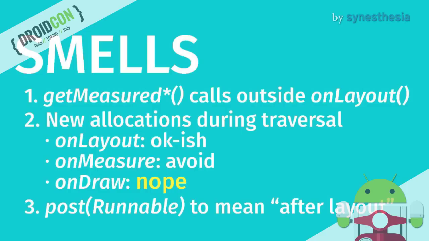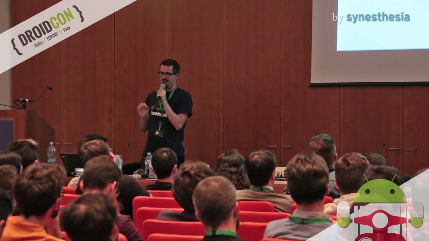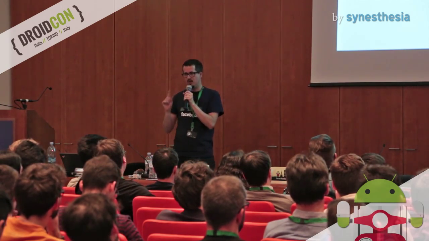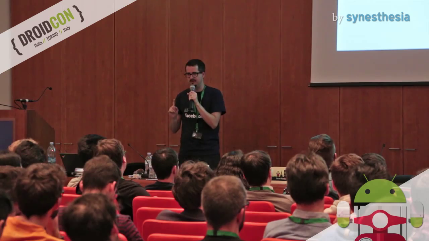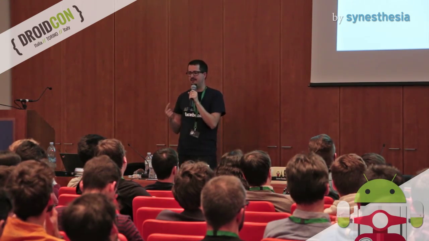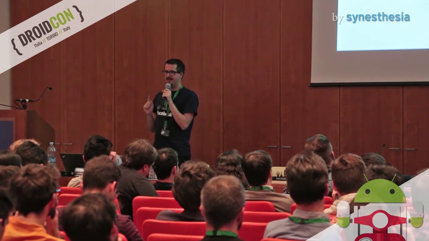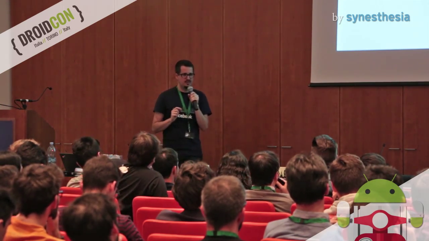The other thing is new allocations. Allocations during layout traversal should be very deliberate. It's kind of okay to allocate new things on layout because it only runs once in each traversal, and layout doesn't change that often. So that's probably fine. On measure, it might be called multiple times per traversal.